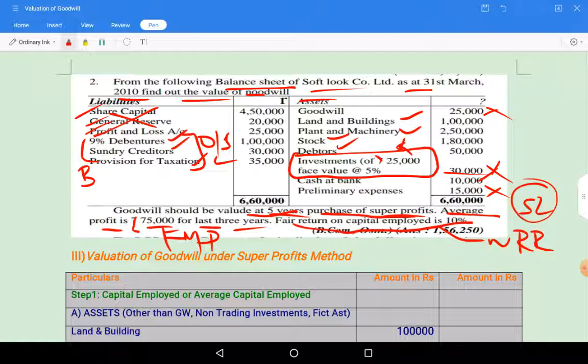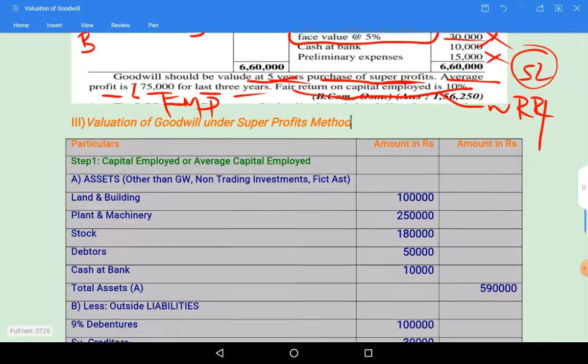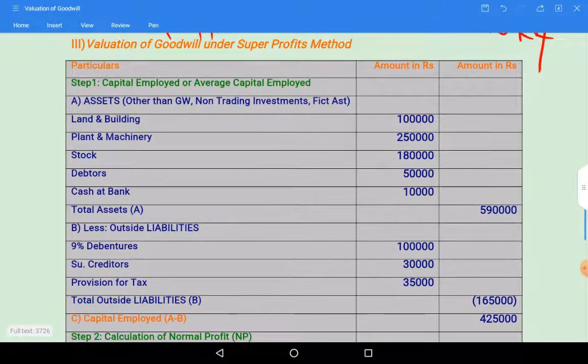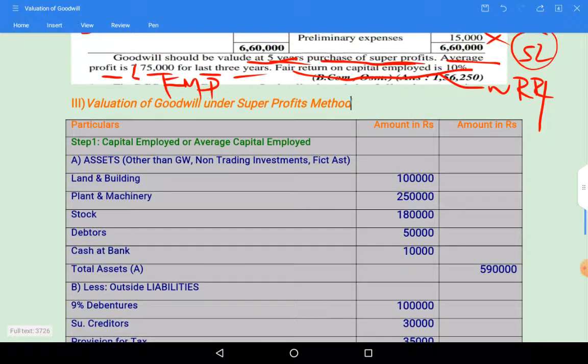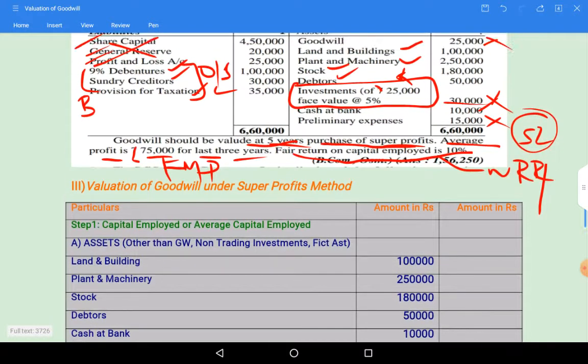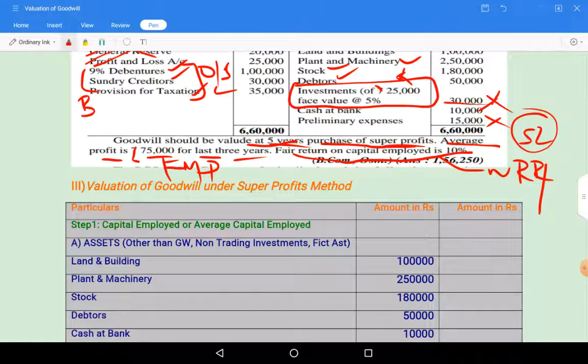So for your convenience and my convenience, I have calculated a few steps so that we can reduce the time relating to recording the video. So let us see each and every step one by one. Valuation of goodwill.